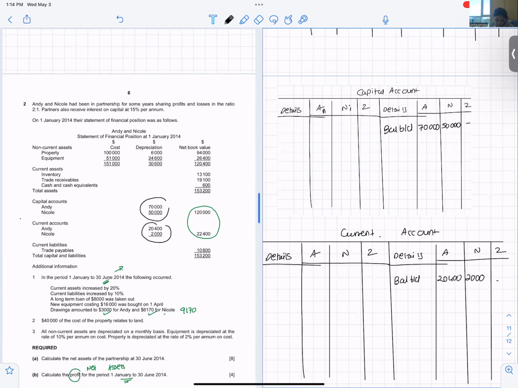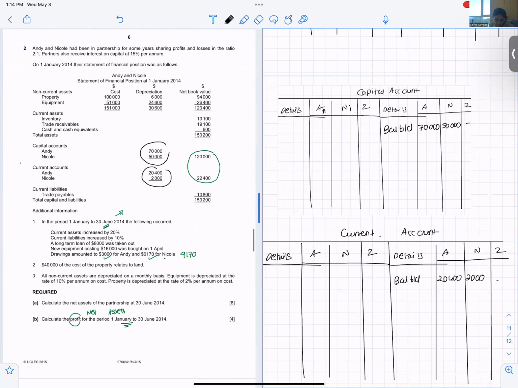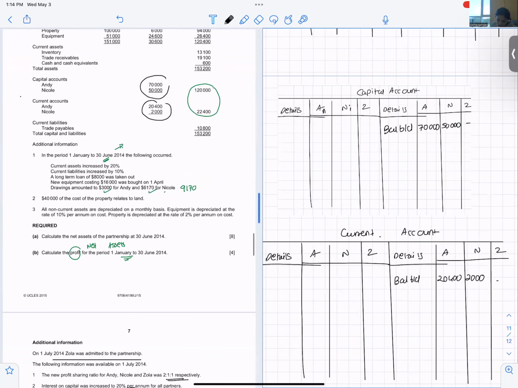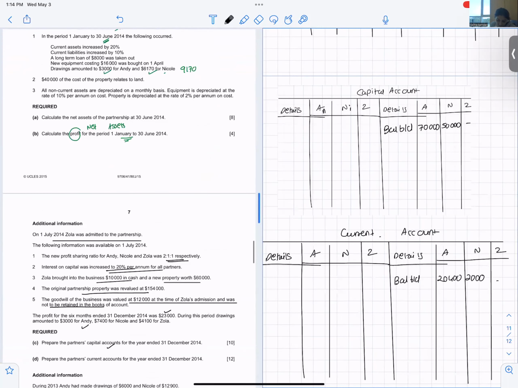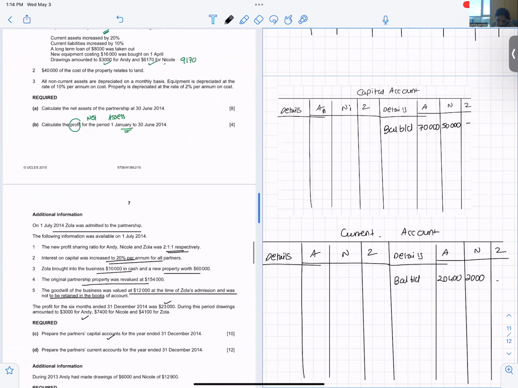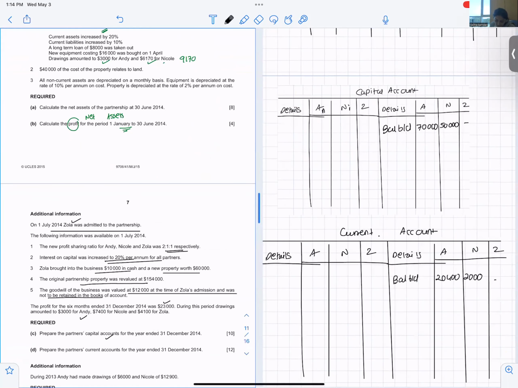Okay. Now, what have they told you? They have brought in Zola as a partner, and the new profit sharing ratio is 2:1:1. Interest on capital was increased to 20% per annum for all the partners.